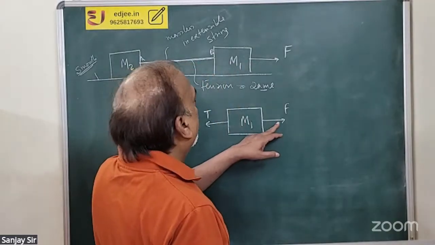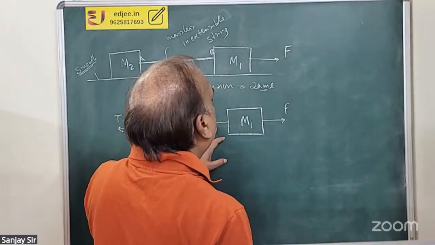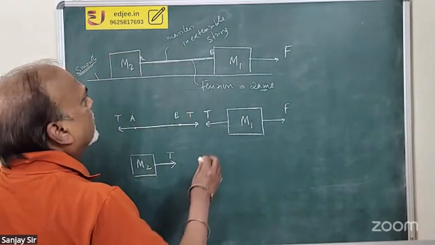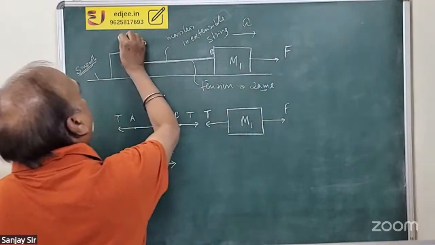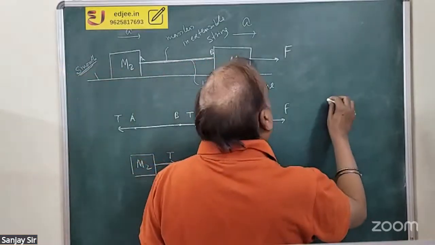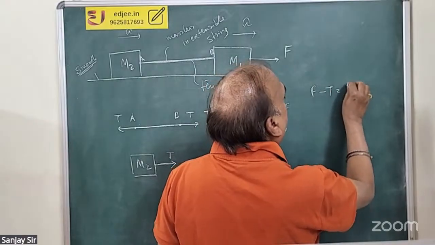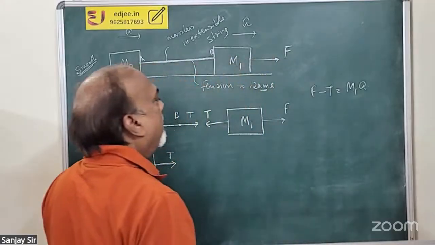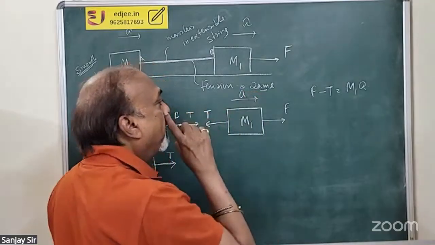Here, F will be equal to T, or you can say this is moving with an acceleration A. So that means your F minus T is nothing but only A. Correct?